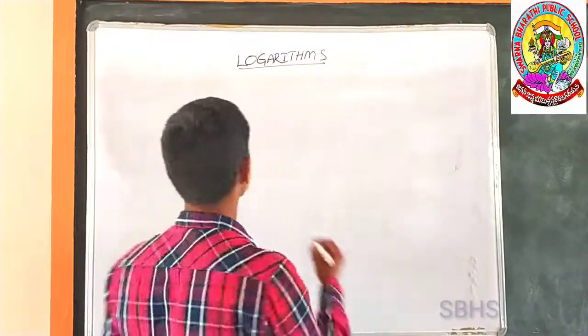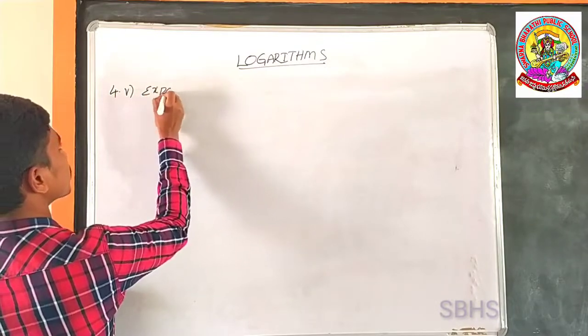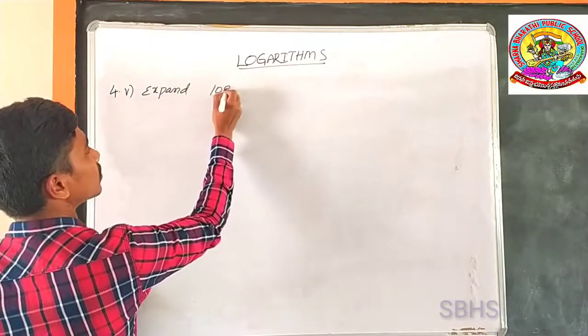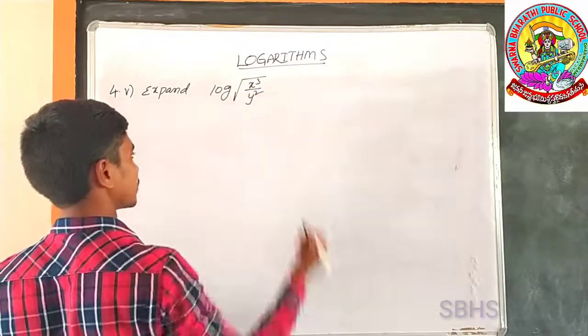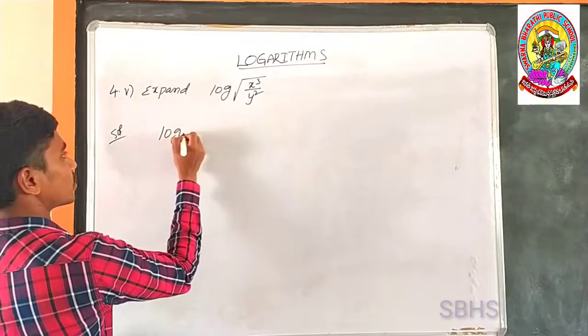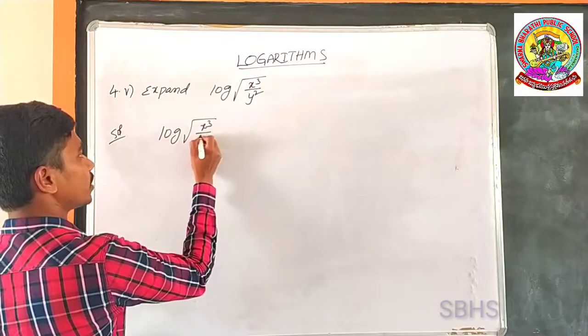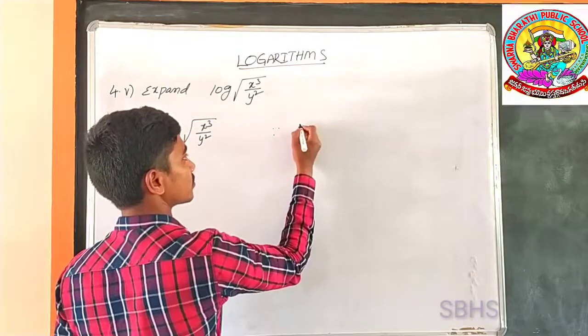Fourth sum. Expand log square root of x cube by y square. Solution. What is the given one? Log square root of x cube by y square. Come to exponential laws.